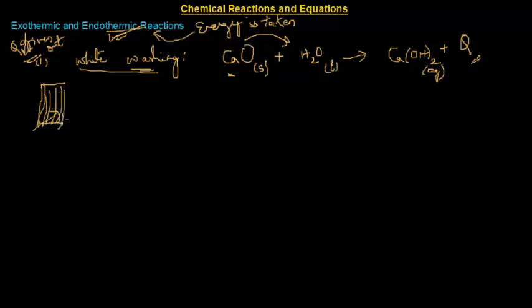This slaked lime or calcium hydroxide reacts with carbon dioxide which is present in the air. What is obtained? You will obtain calcium carbonate. What is this calcium carbonate? This is nothing but marble.